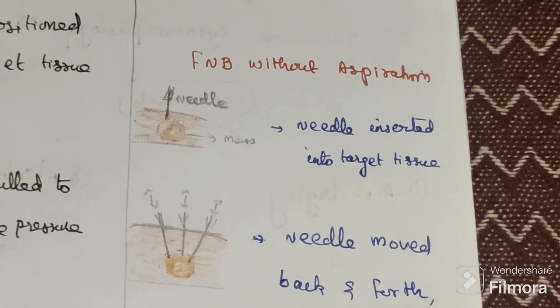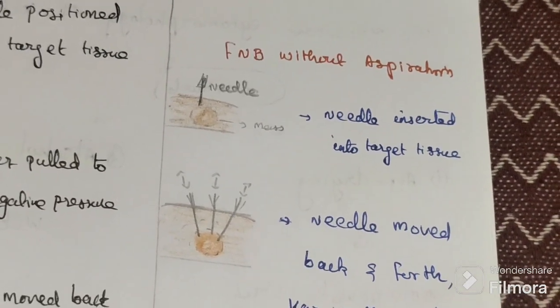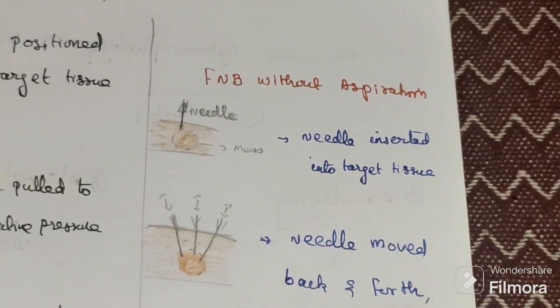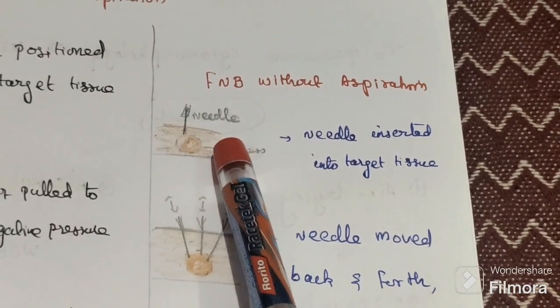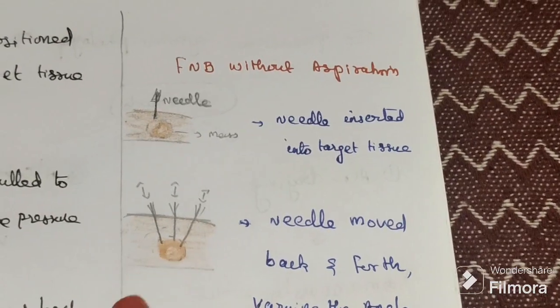Next, FNB without aspiration. In this, we are just using the needle without any syringe. You are inserting the needle into the mass, because abnormal cells can be at any location, not only a single location.